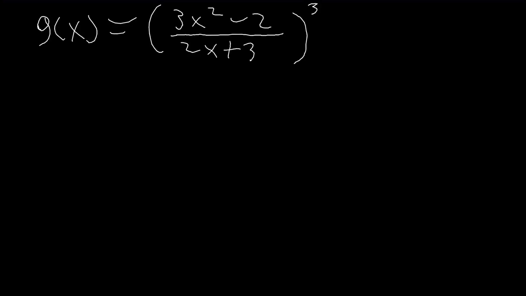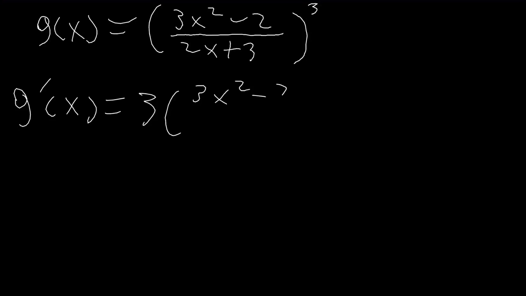So first, this is going to be our u, our inner function. So we can use the chain rule and take the derivative of the outer function. So g prime of x equals 3 times ((3x squared minus 2) over (2x plus 3)) raised to the second power.